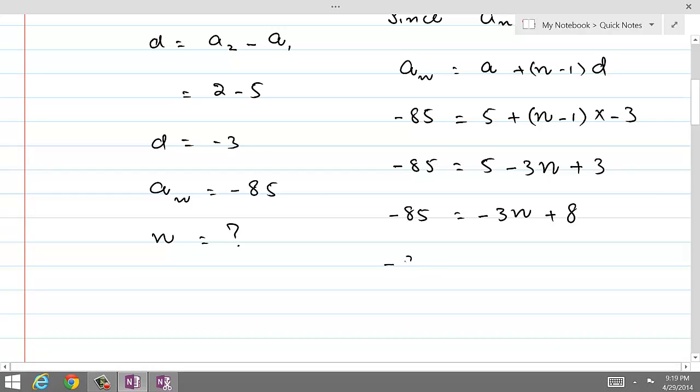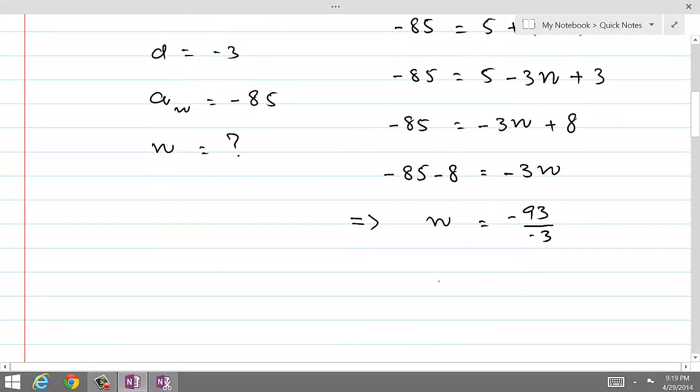This gives -85 minus 8 equal to -3n, and if we divide both sides by -3 to find the value of n, this will be -93 over -3, which gives n equal to 31. So the 31st term of the sequence is -85.